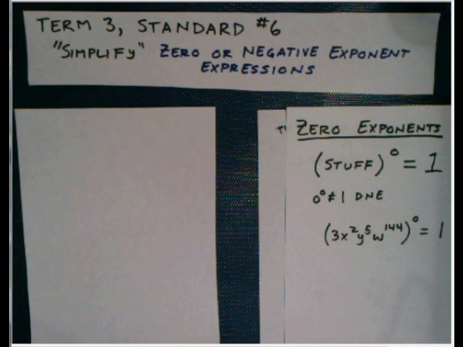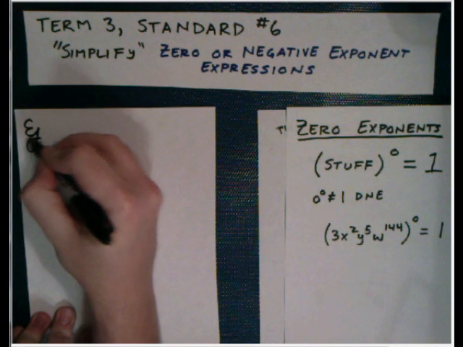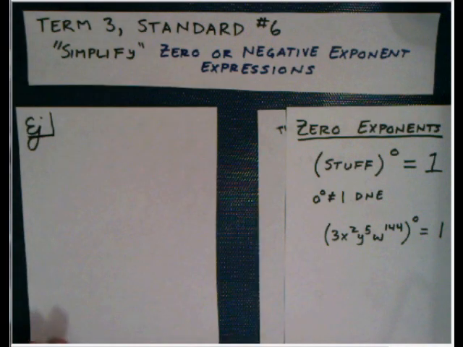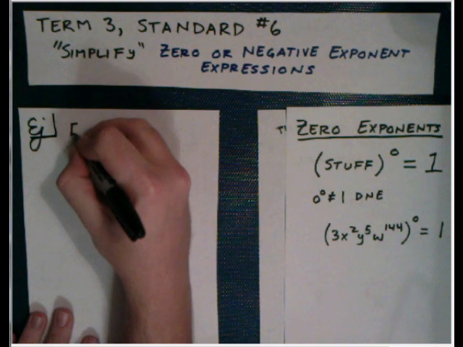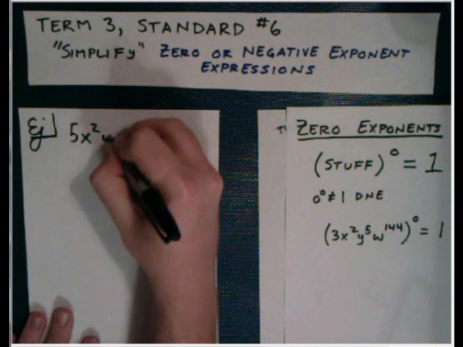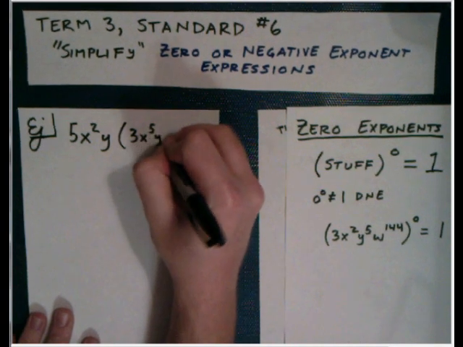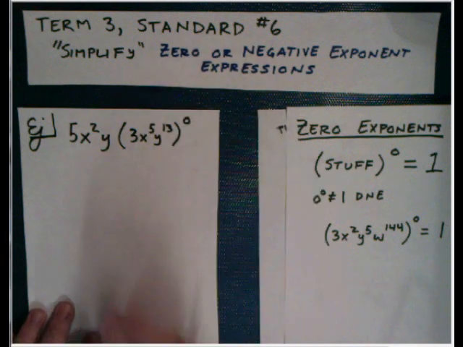Alrighty, so let's take a look at an example of using zero exponents first. Maybe I'll do 1 or 2, depending on the situation. I'm going to try and mimic the ways that they come up on the standard quiz so we can really take a look at that. So let's see, let's go with this one.